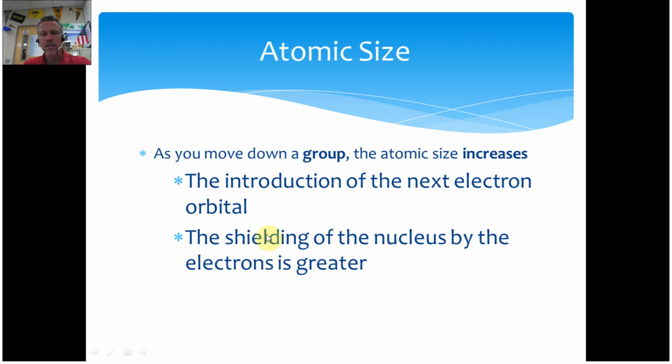In other words, it's shielded from the outside, if you will, by the cloud of electrons that surround it. And as you move from one row to the next down a group, the shielding of the nucleus gets more and more significant. There's more and more stuff between the nucleus and the outside world, if you will, and so it's shielded more and more. So that means that the atomic size, the size of the ball, increases as you move going down.